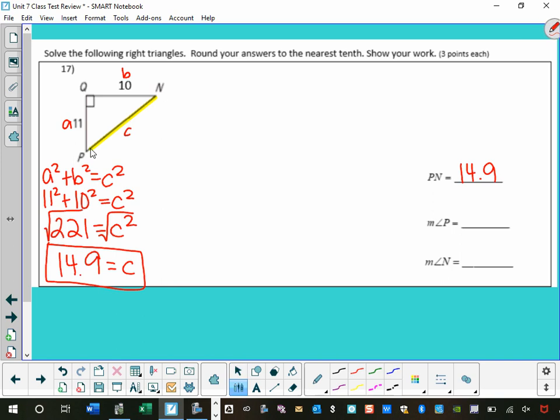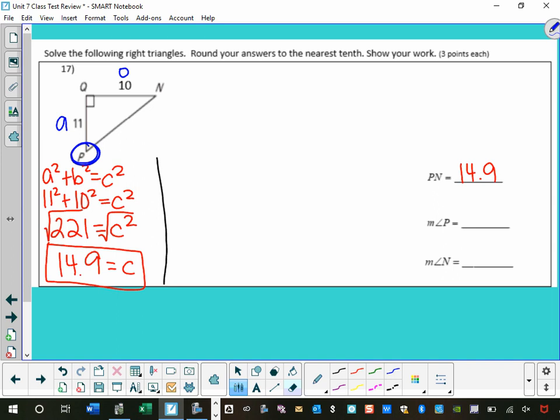Alright, so the measure of angle P, we can erase these other, and you don't need it. We're going to use trig to find the measure of angle P. Alright, so we're using trig to find the measure of angle P. 10 is going to be opposite, 11 is going to be adjacent.